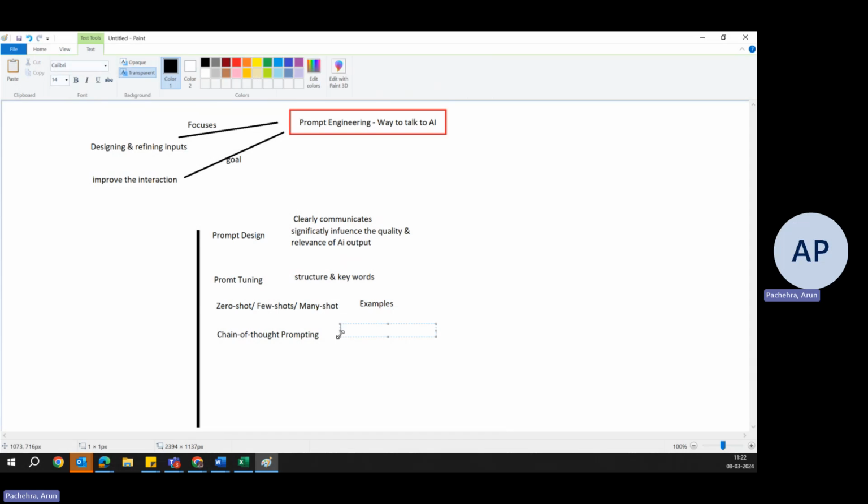So, chain of thought is a more appropriate prompting for various reasoning tasks. It is more like the prompt is crafted in such a way that AI can easily understand what kind of desired output you're looking for.